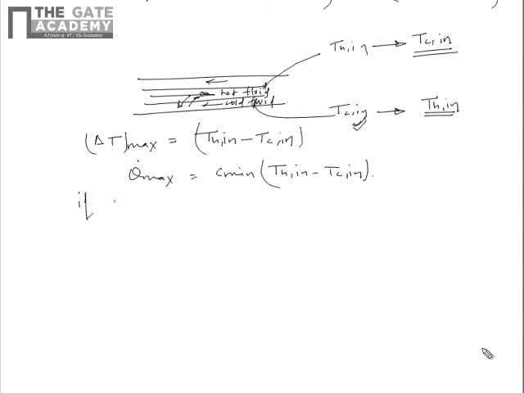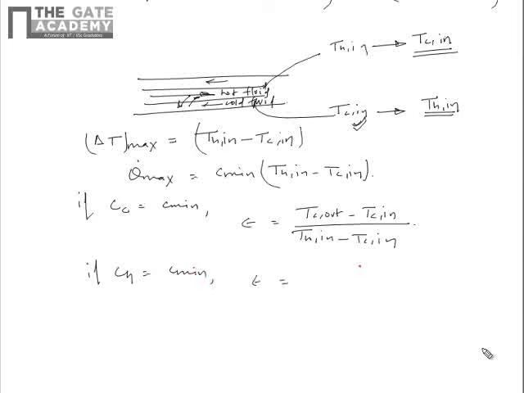If Cc is C minimum, then epsilon is given as Tc out minus Tc in upon Th in minus Tc in. If Ch is C minimum, then epsilon is given as Th in minus Th out upon Th in minus Tc in.